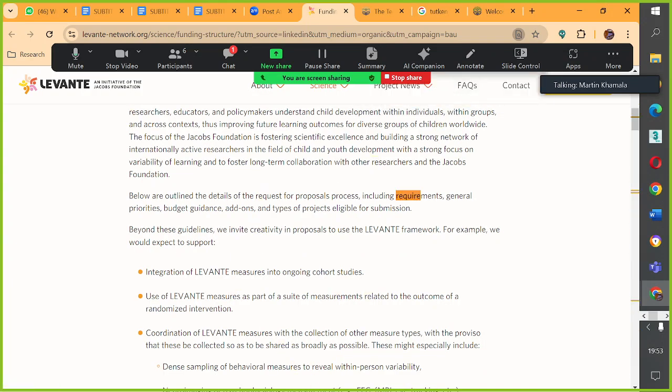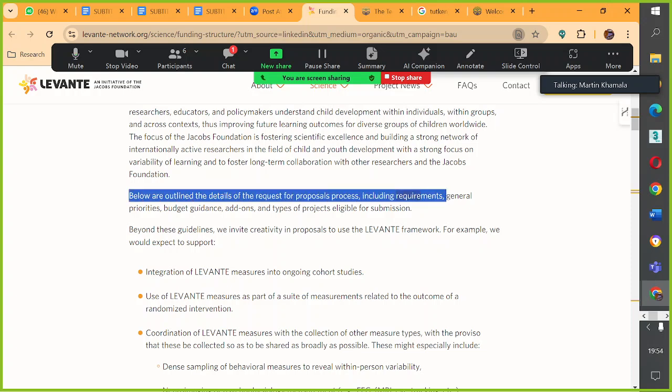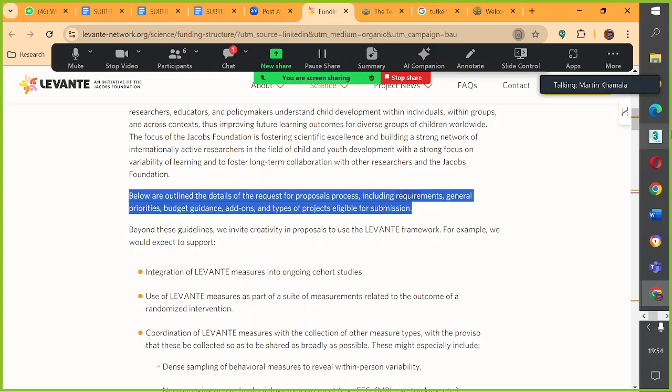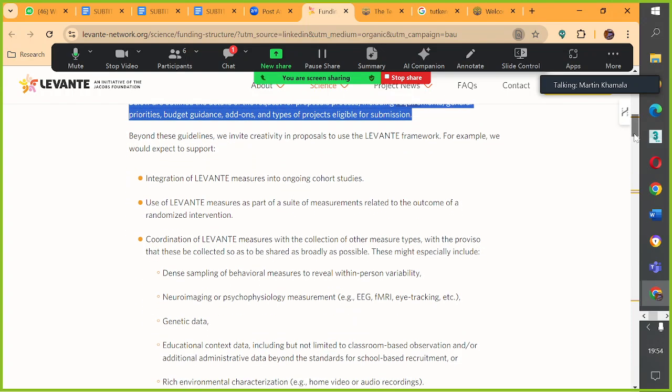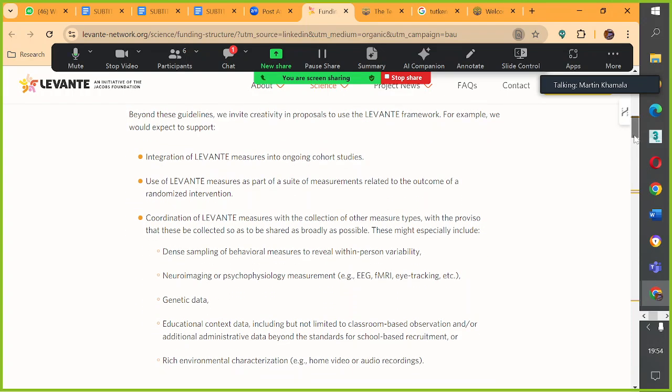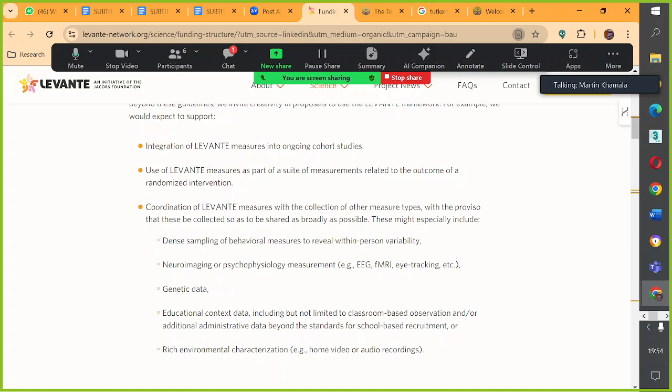Here are the requirements. So below outlined are the details. This one. It says, are the details of the request for proposals process, including the requirements, general priorities, budget guidance, add-ons, and types of projects eligible for submission. Maybe you're talking of those projects eligible for submission. So the first one here is integration of LEVANTE measures in the ongoing cohort studies.